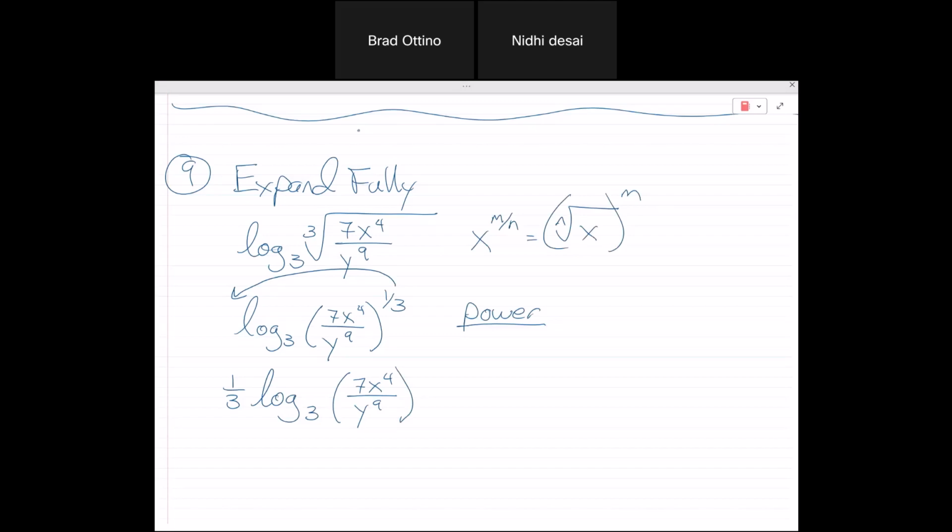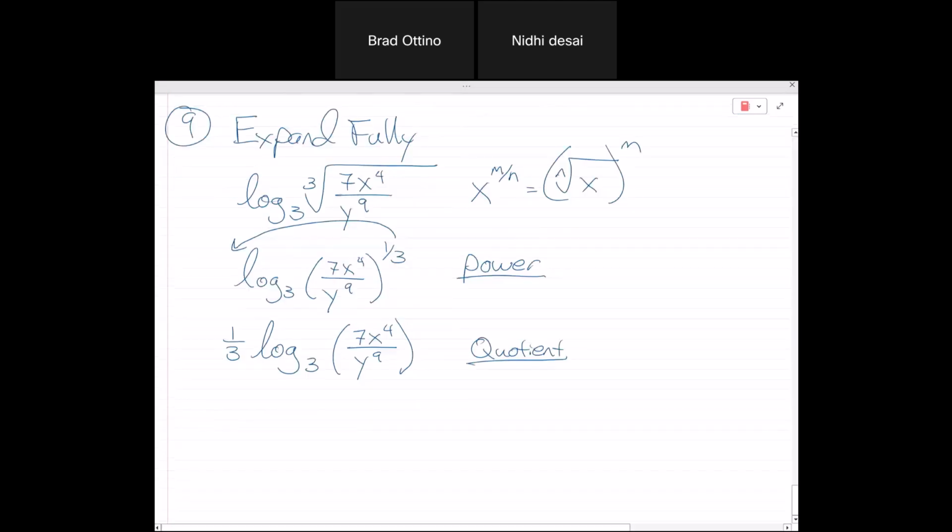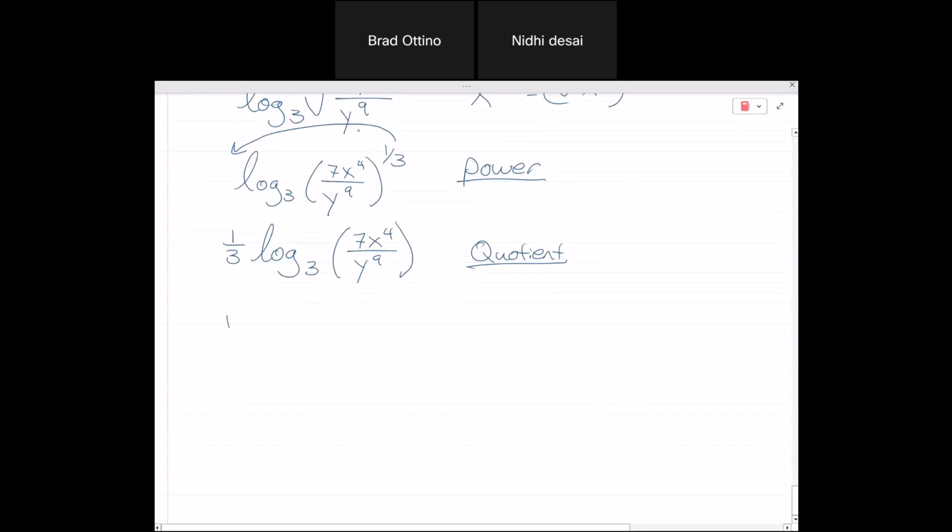Next, it looks like we have a quotient. So the way we handled the quotient was by subtracting. So what we're going to do with this is remember to keep the parentheses because it's 1/3 times the whole thing, but it's going to be the log base 3 of 7x to the 4th minus the log base 3 of y to the 9th.